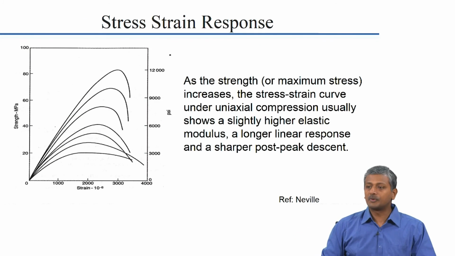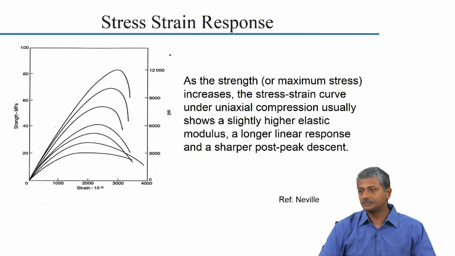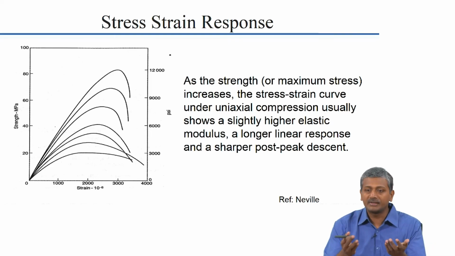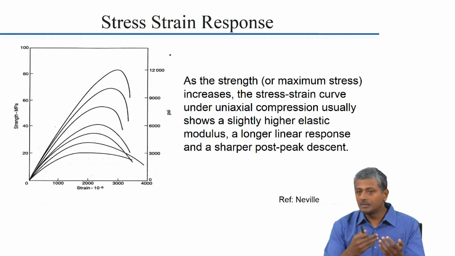So, the stress strain response of concrete depends obviously on the level of strength that the concrete has. You know very well that as concrete becomes stronger and stronger, it gets more and more brittle. Okay. And in fact, as concrete gets stronger and stronger, what are you strengthening in the concrete to make it stronger? Aggregate or the paste? The paste is getting stronger. So, what happens to the ITZ?